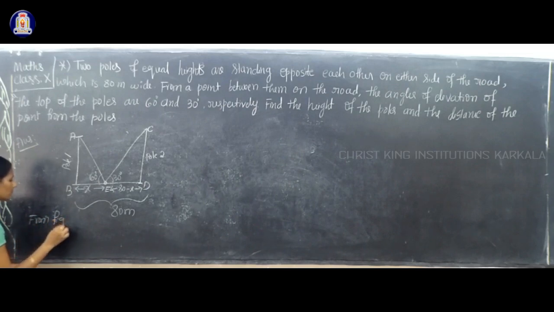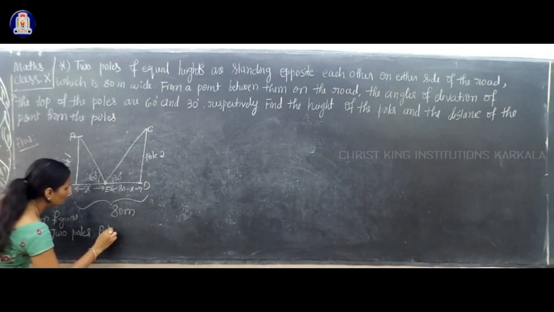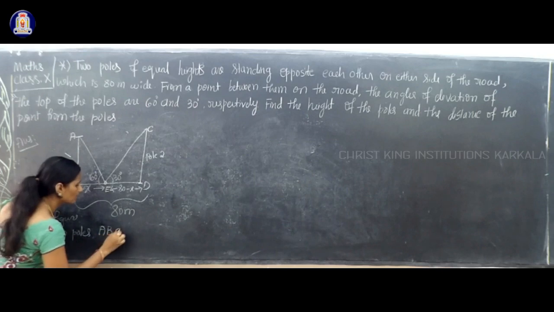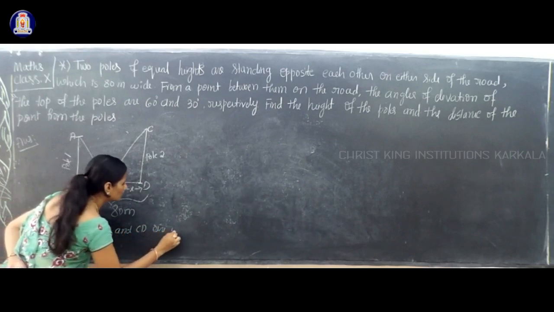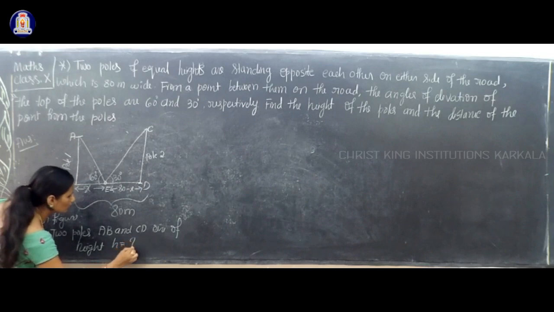From the figure, just what is given? Let 2 poles, pole 1 and pole 2, AB and CD, be of height H, which is equal to question mark.